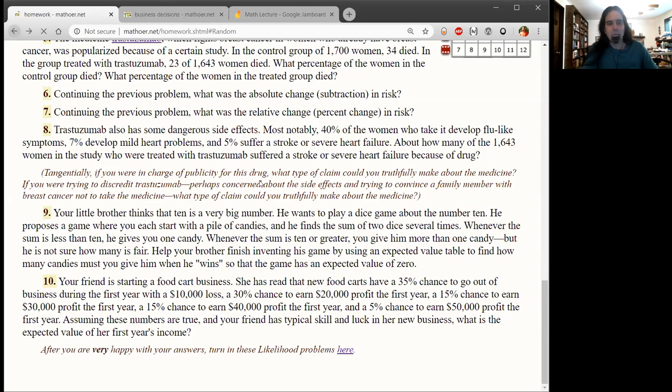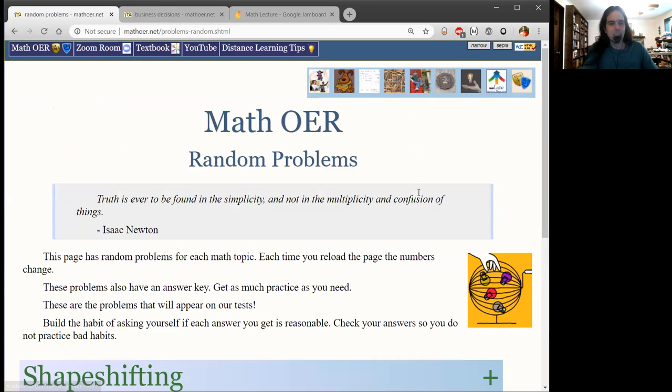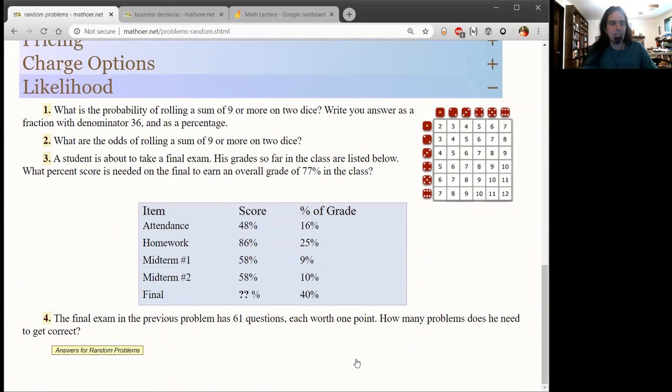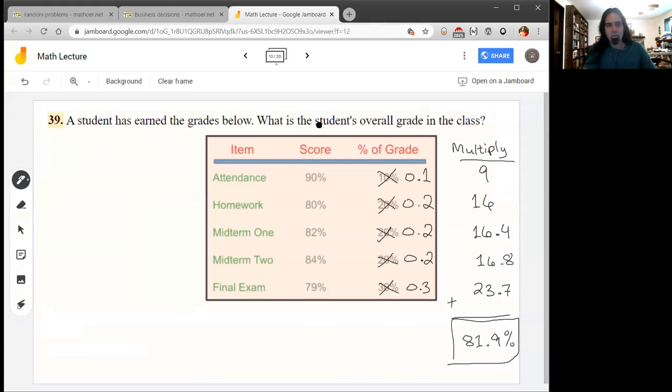If we go to the random problems, then we have a homework thing, because that's, again, the case you care about the most as a college student, probably. But now we're missing this number. So what do you do? You can do all the other rows.